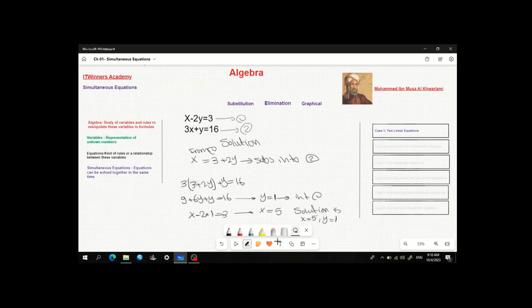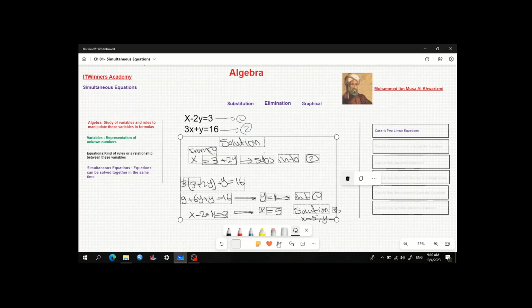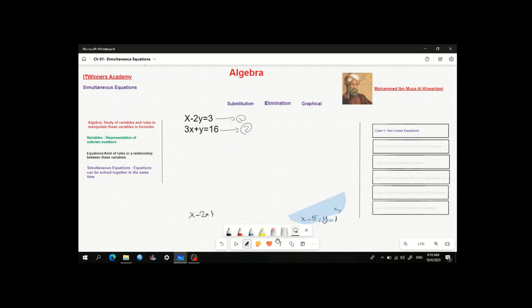Let's clear that. By elimination, I will eliminate one of these variables and combine two equations to form a new equation in one variable.